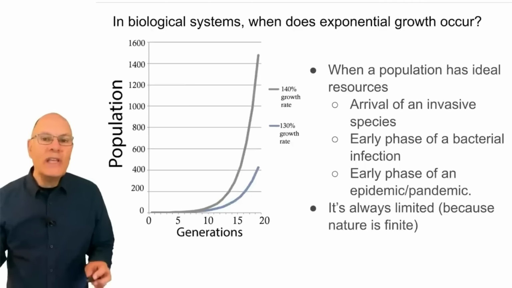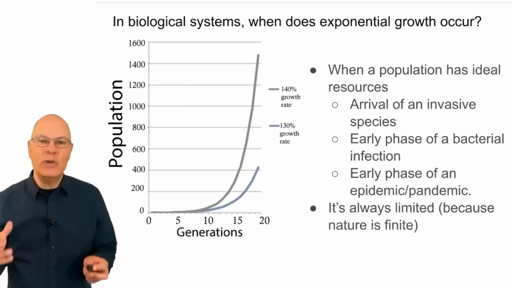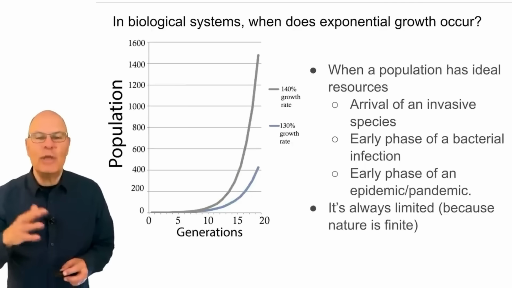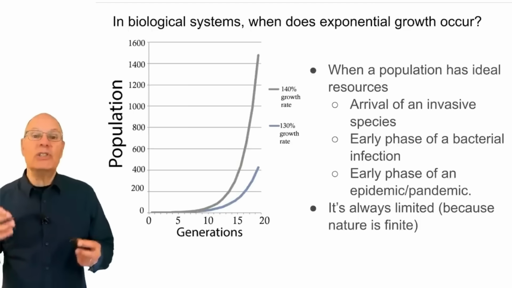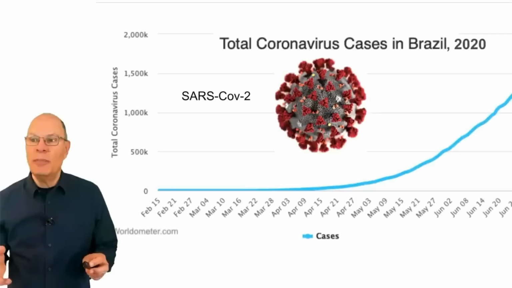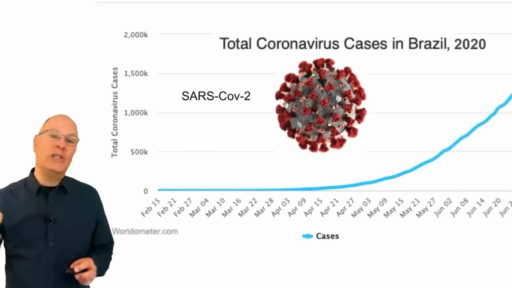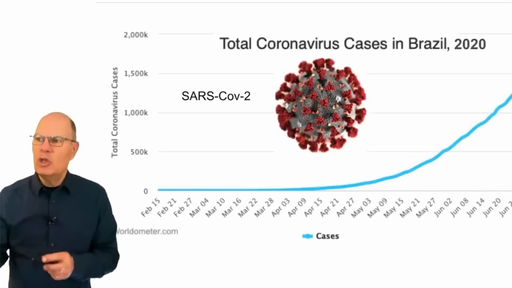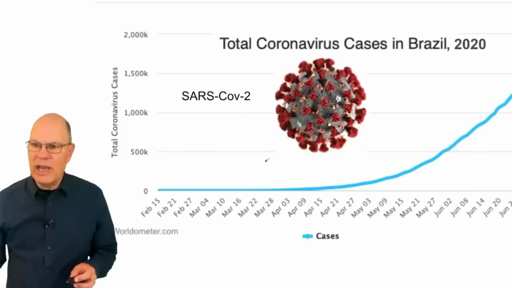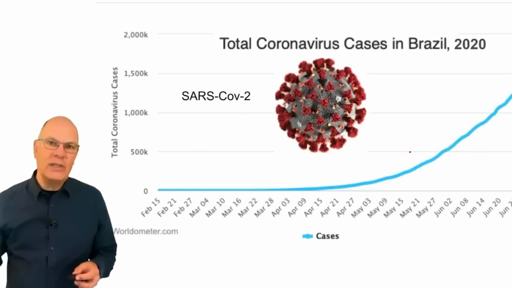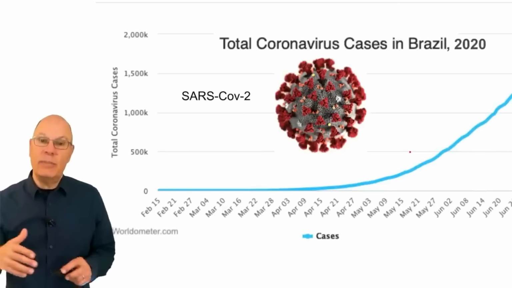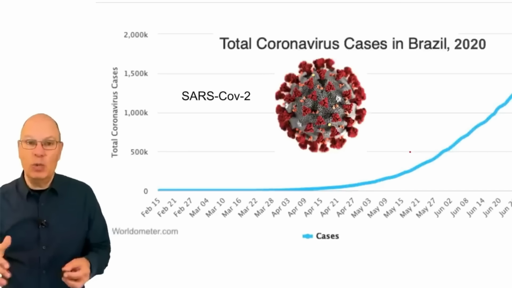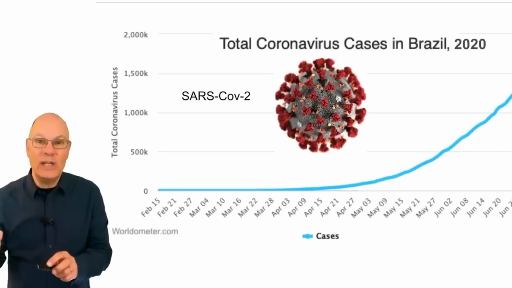So it's always ultimately limited because nature is finite, but during this phase when the population has ideal growing conditions, exponential growth can occur. That's what occurred early during the coronavirus pandemic. This shows one country, Brazil, 2020, and you can see this exponential growth curve as the virus entered the Brazilian population and spread from individual to individual. Exponential growth.